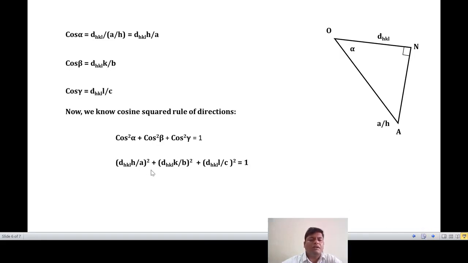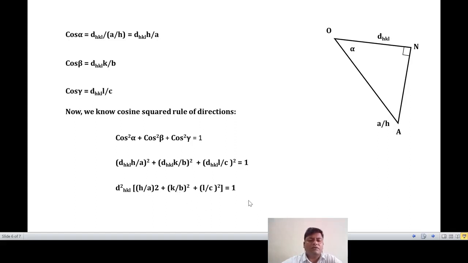So over here d_hkl is common, so we can take out the common. As it is squared, when we take it out it will be d square hkl into h square upon a square plus k square upon b square plus l square upon c square is equal to 1. As we want to find out d_hkl, we can keep it on the left side, and this factor we can take to the right side.